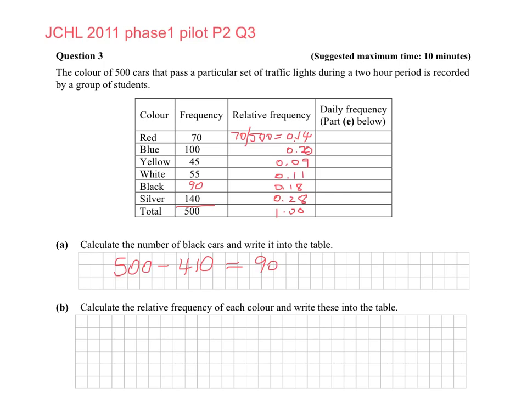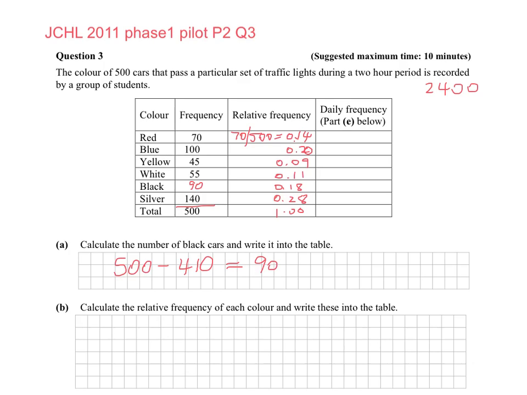Part E, use the information to estimate the frequency of each colour if 2,400 cars in total pass the lights in a full day. So this data was from 500, but we want it now for 2,400. So we can use the relative frequencies.